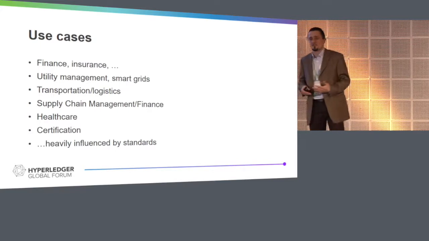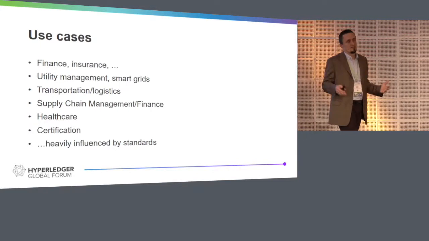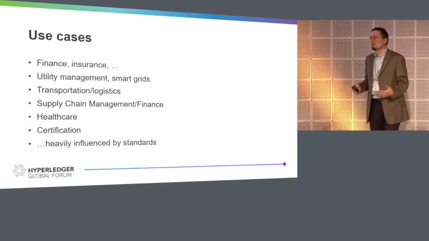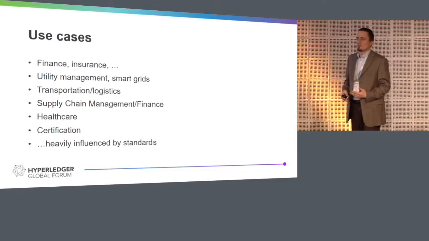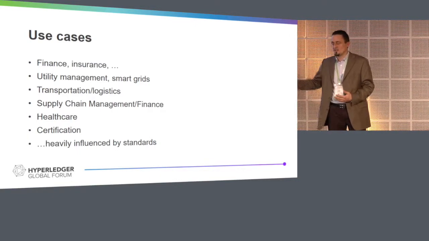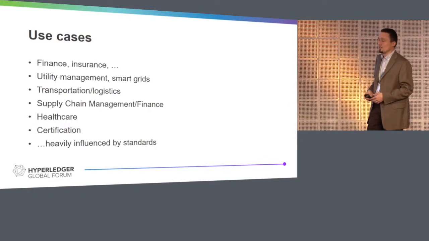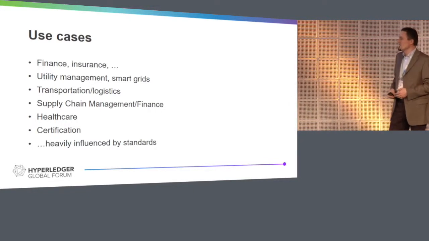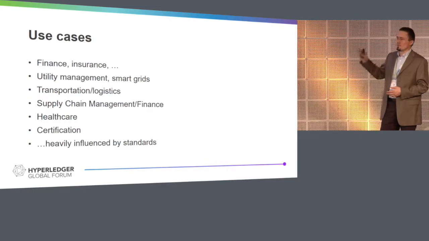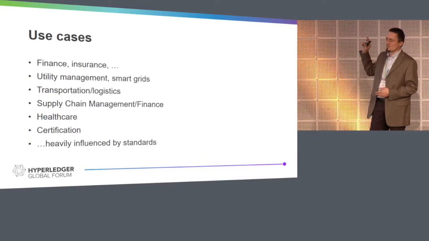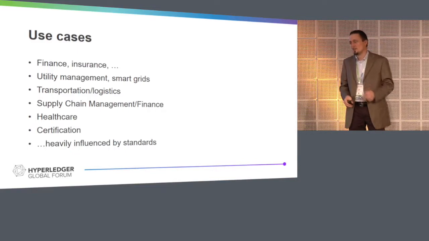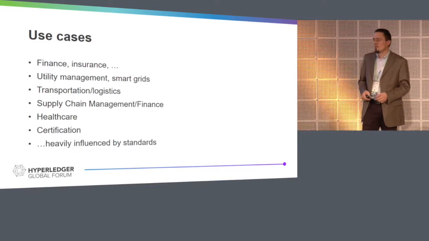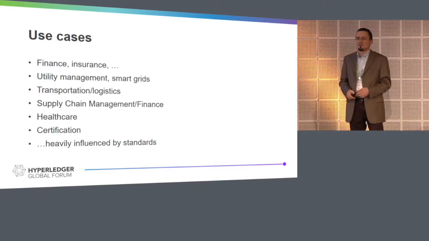What we mean by processes here is that there is a given sequence of actions which should be performed. There are constraints on who can perform what, and there are requirements on what the results of these individual steps should be and how they influence each other. There is also an interesting point, which is certification. Certification here does not necessarily mean certification as in education, but certification of systems. And all of these domains are really heavily influenced by standards.